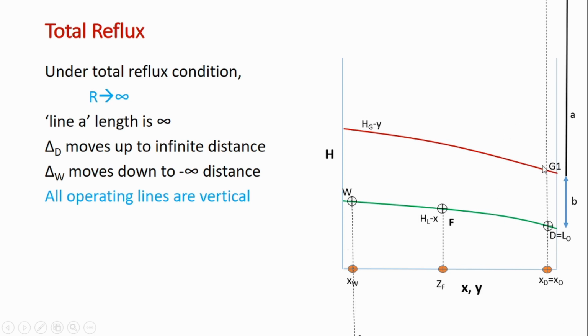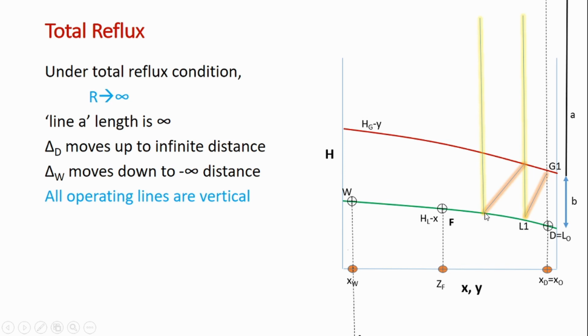From this G1 point, we will draw the tie line from the equilibrium data. This is stage 1, but the operating line is vertical, because delta D is at infinity. This is going to give me the G2 point. For this G2, I will get L2 from the equilibrium data.